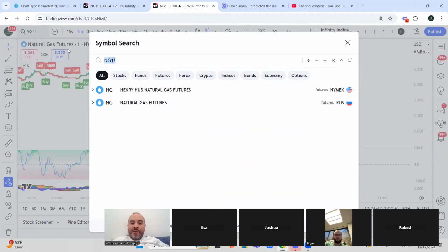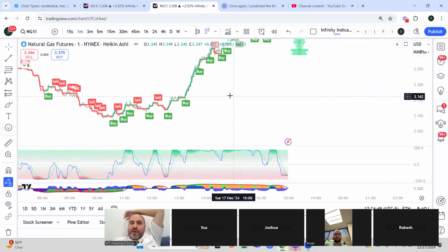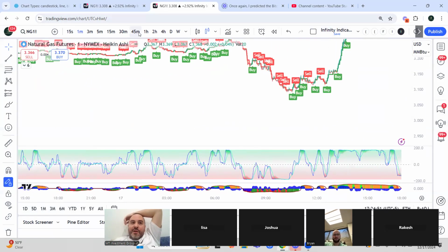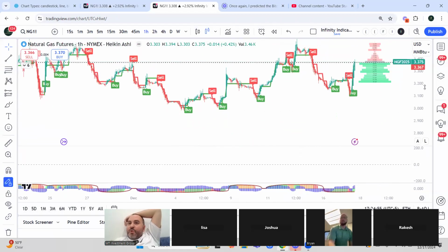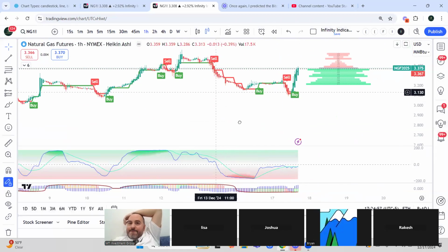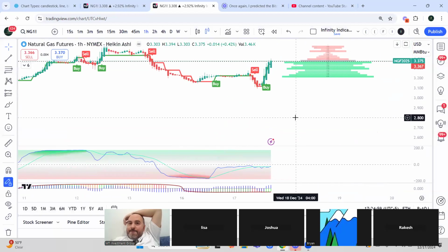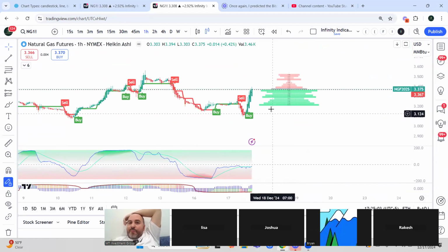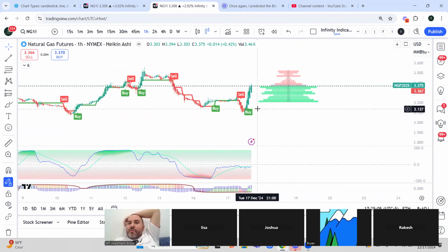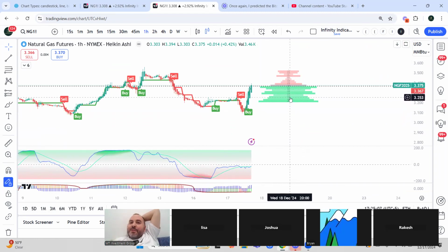So I said we had a ton of support in that three area. So this was more of a swing trade. And so the essence of this natural gas play at first wasn't Fibonacci.